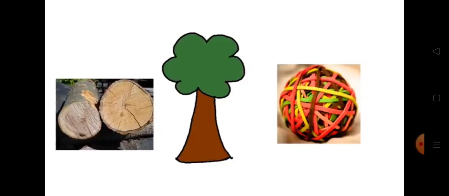Now if I replace the wooden material and change the stem into a rubber component, it will be easier. I would not get that much hurt if I hit a rubber tree.